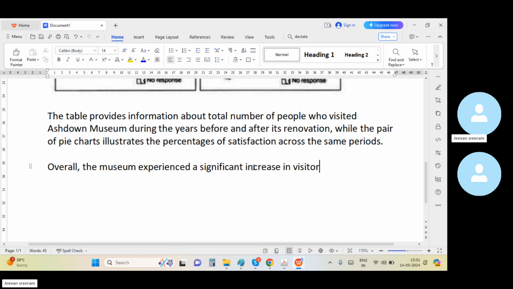Visitor numbers. Right? After its renovation, we have already used this. So instead I can write subsequent. Subsequent means after. Visitor numbers subsequent to its renovation or refurbishment.